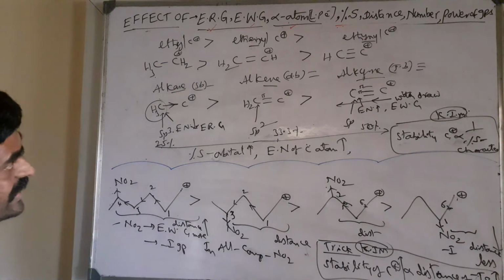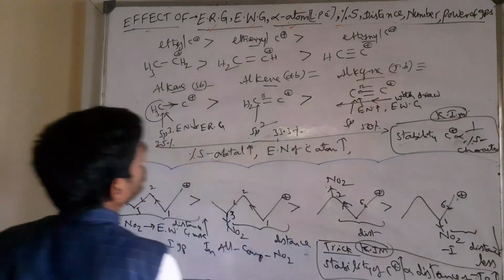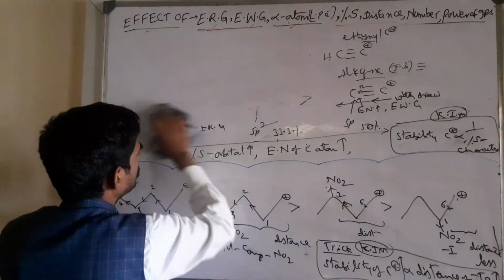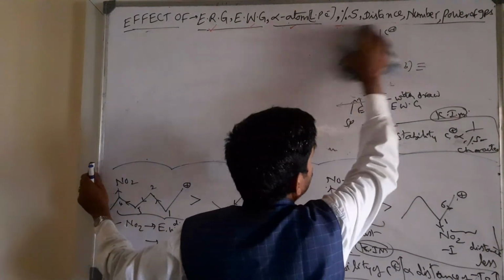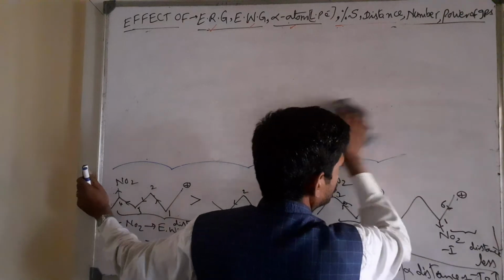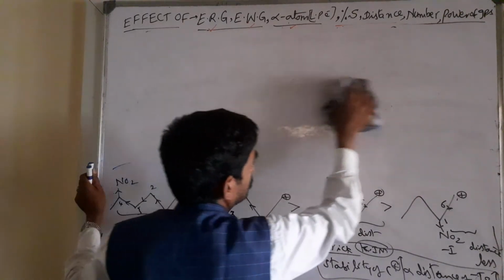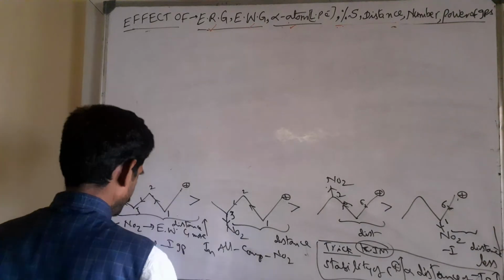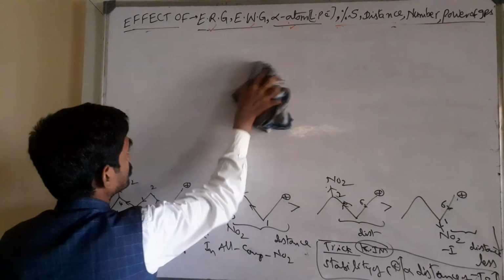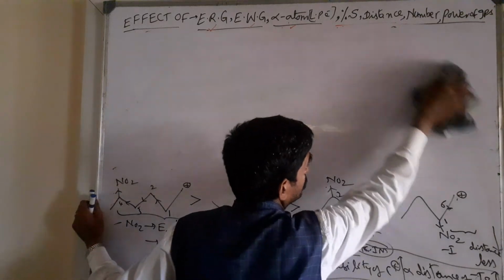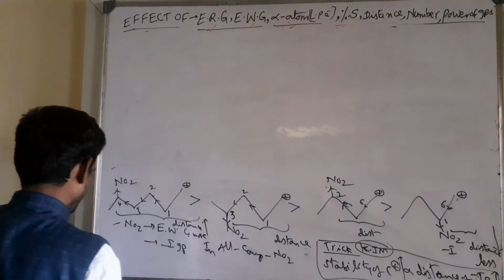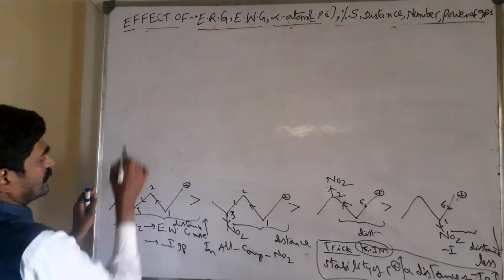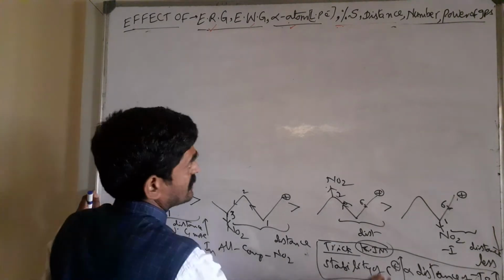Next, the number of groups. This was distance, now the number of groups.